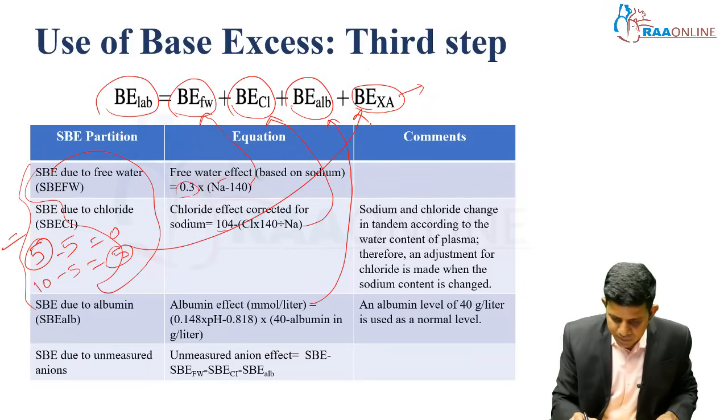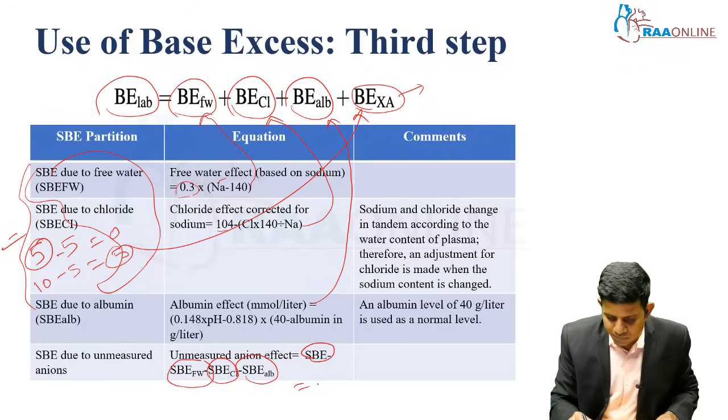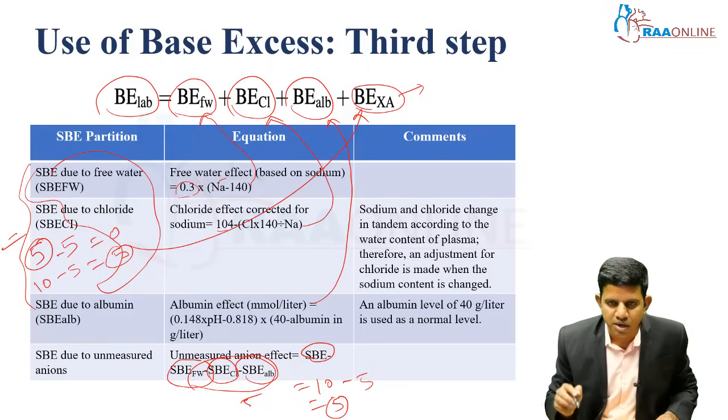So it is simple: the unmeasured standard base excess is the measured standard base excess minus the standard base excess of free water, chloride and albumin. For example, my standard base excess is 10, all these values add up to only 5, which means 5 of unmeasured anions are there.